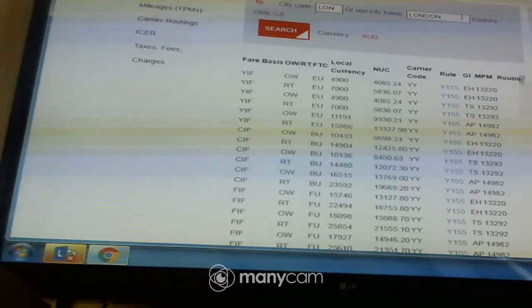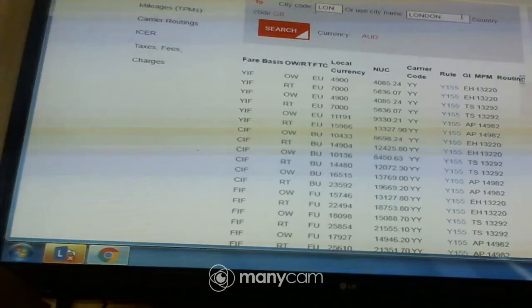Then for the inbound, if we go back to the inbound, we are looking for the what? We are looking for the GA. The GA is here. We found that GA, Garuda.